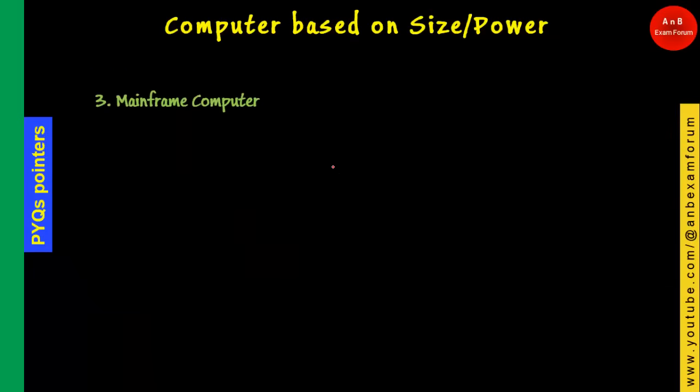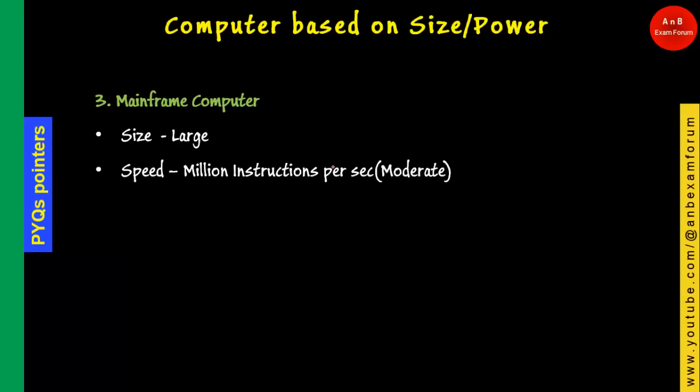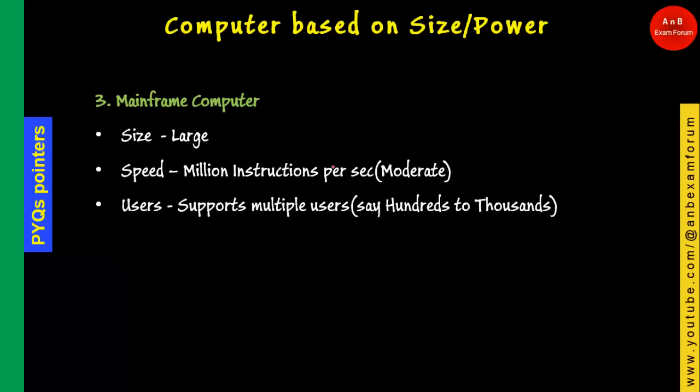Coming to the next type, the mainframe computer. In mainframe computer the size is very large and the speed is again millions of instructions per second, and it supports multiple users. In minicomputer we have seen it supports up to hundreds, but this can support up to thousands.